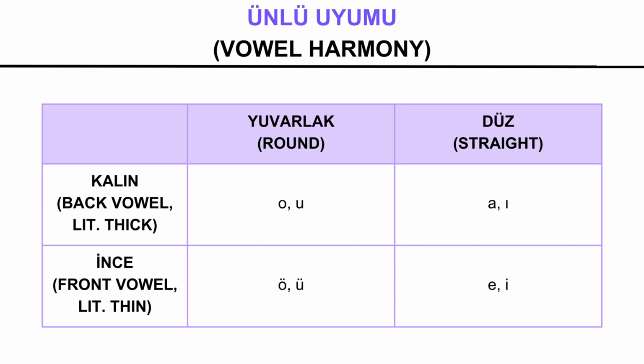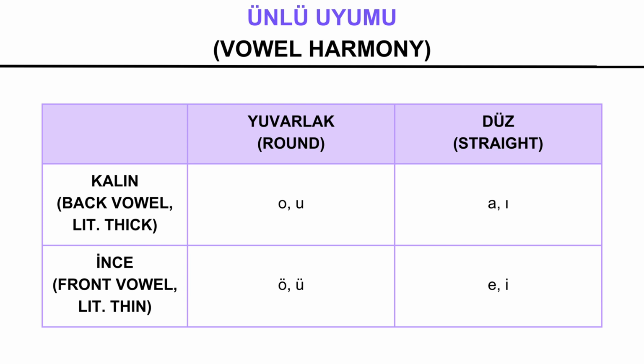So in terms of vowel harmony, we need to look at two categories, right? Because we either make a decision between da or ta, or de or te. At the end, the vowels are the same, either a or e. That's why we need to look at whether the vowel we are dealing with is a back vowel or a front vowel.